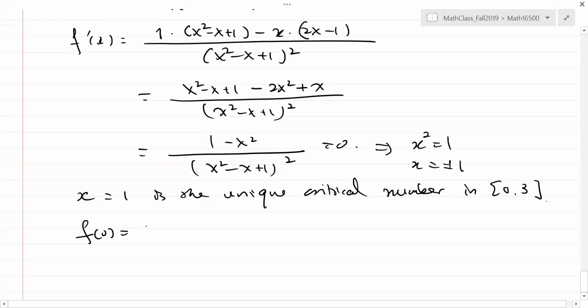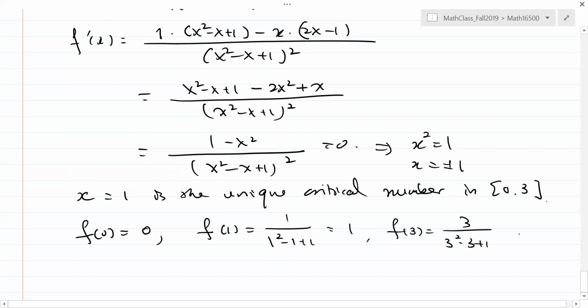f of 0 is clearly going to be 0. f of 1 is 1 over 1 squared minus 1 plus 1, which is going to be 1. f of 3 is 3 over 3 squared minus 3 plus 1, so it's going to be 3 over 7.